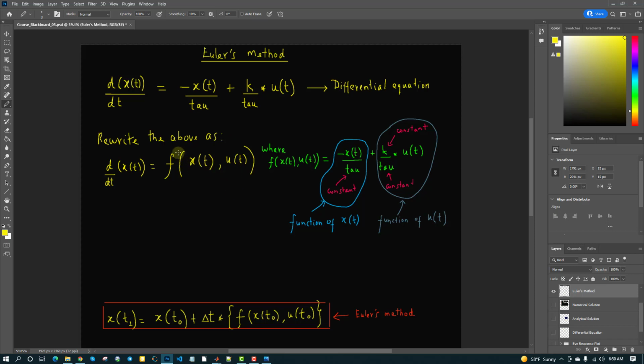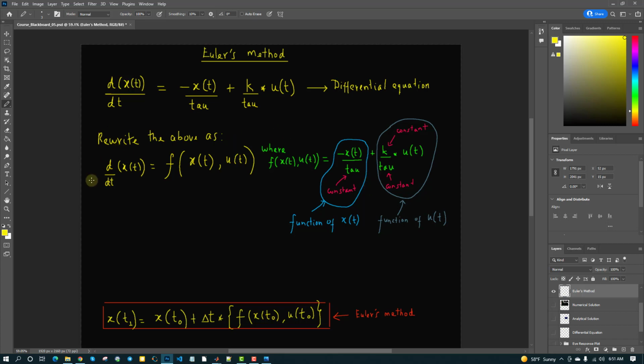So nothing new here. What we are saying is the right-hand side is a function of x of t and u of t, which is true because the first part of the right-hand side is a function of x of t, and the second part is a function of u of t. This is just a mathematical convenience.